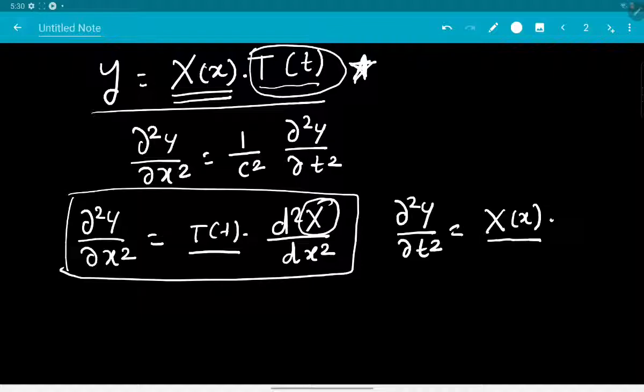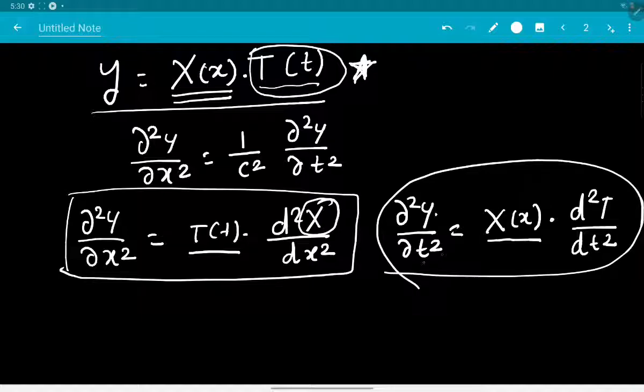What is going to be differentiated is only the T function, and we are going to write it this way. Okay, so this is the partial differentiation of y with respect to time, and this is the partial differentiation of y with respect to space.